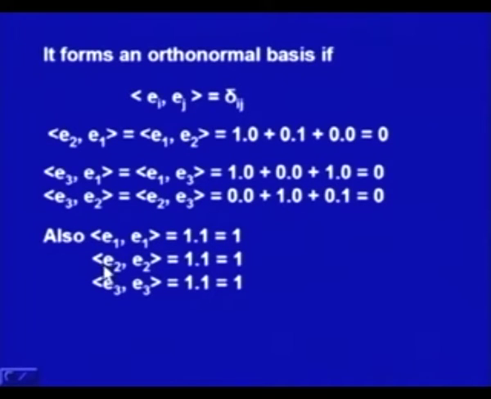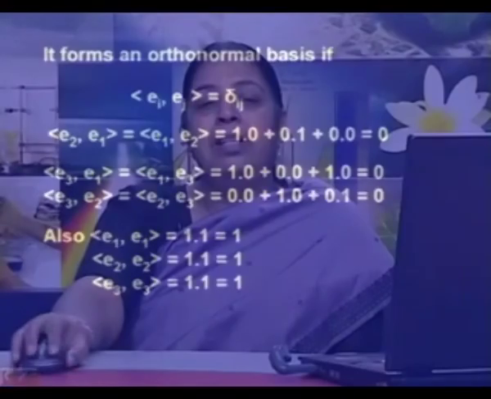Similarly, the norm of E2 is also 1, and the norm of E3 is equal to 1. So we have shown that E1, E2, E3 form a basis, they form orthogonal pairs, and each vector is of norm 1. So this basis is an orthonormal basis.